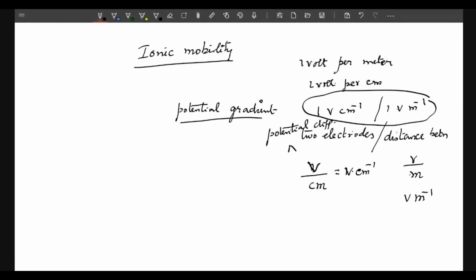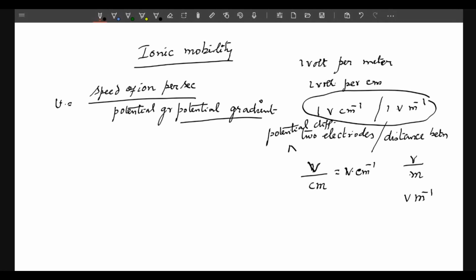Now, what is the definition for ionic mobility? The ionic mobility is defined as the distance traveled by an ion. The distance traveled by the ion is nothing but the speed of the ions. Let us take the speed of the ion per second, because they are defined per second, divided by the potential gradient.